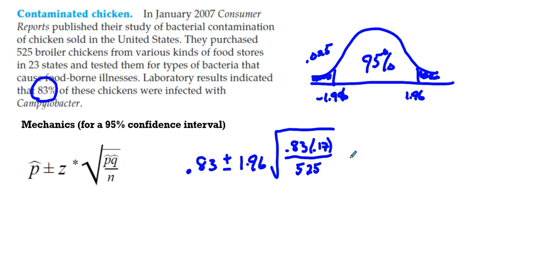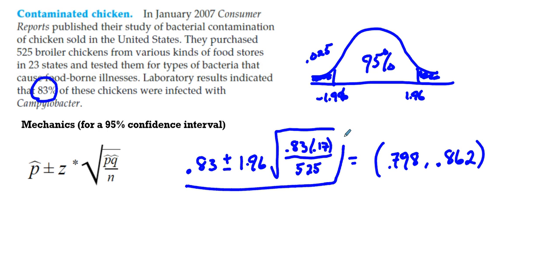And that creates the interval, this right here: 0.798 to 0.862. This is what you show. You show this setup. It isn't the end of the world to do in the calculator. If you have to do it by hand, you just do it twice, one with addition and one with subtraction. That's all.